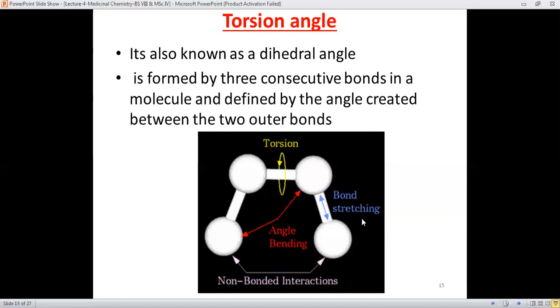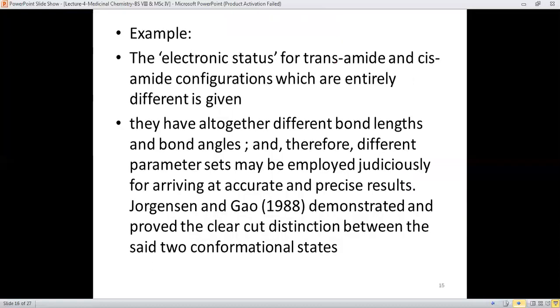It's also showing that just bond stretching can occur over here, angle bending and non-bonded interactions can occur between these two atoms which are not bonded through a covalent bond, but these interactions occur through space.